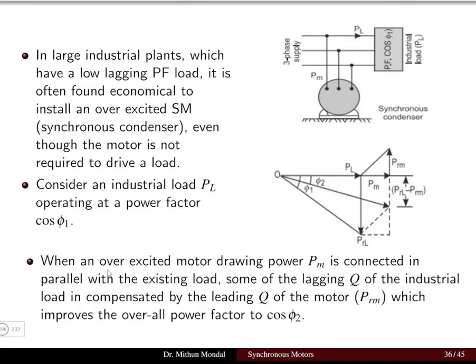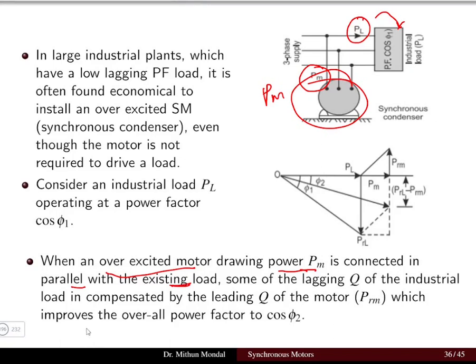Now, the overexcited motor, that is the synchronous condenser, is drawing a power PM. So this motor is drawing a power PM from the supply. The PL is being drawn by the industrial load. It is connected in parallel with the existing load.